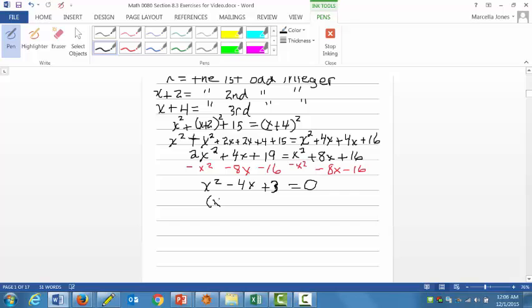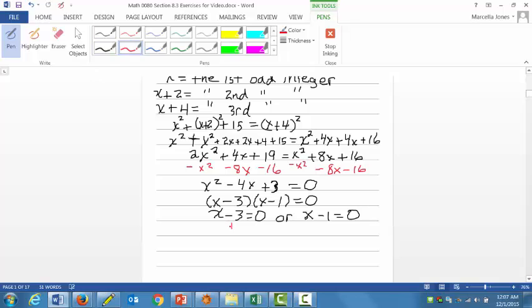And that factors into x minus 3 times x minus 1. The zero product principle or property tells us either x minus 3 is 0 or x minus 1 is 0.